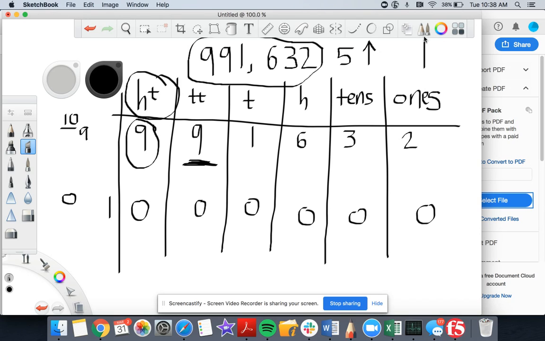And if it's 4 or lower, then we need to round down. So that means that the number needs to stay. If it's 5 or bigger than 5, the number that we're rounding needs to move up. If it's 4 or lower than 4, that number needs to stay the same because we would be rounding down.